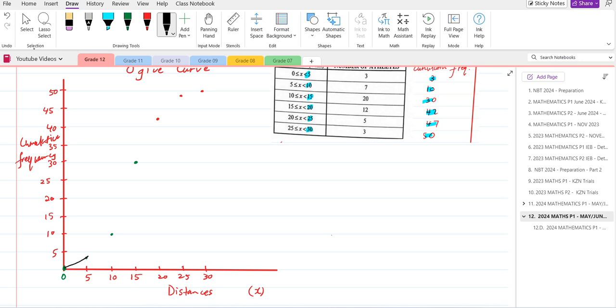It's an S curve. There's a sharp incline there. That's my ogive curve, because the last point we had was 30 and 50. I hope you guys are understanding.